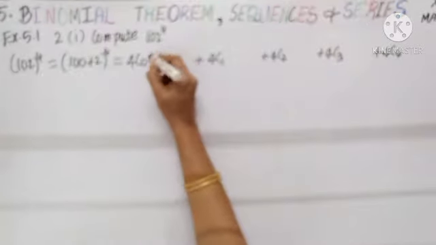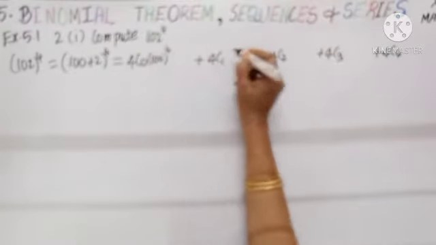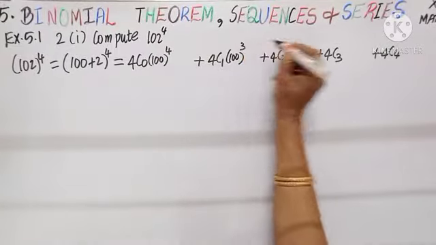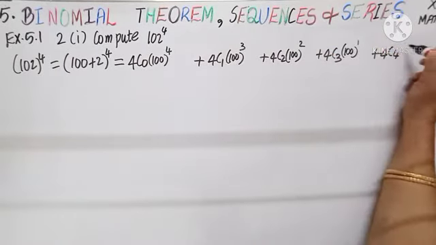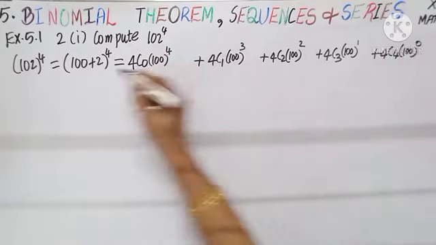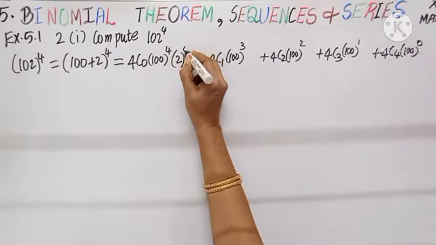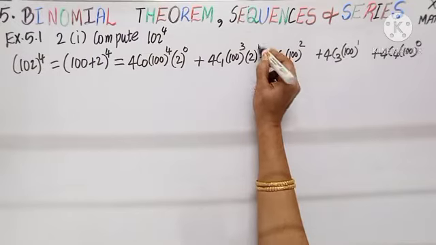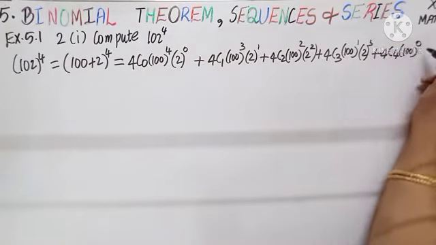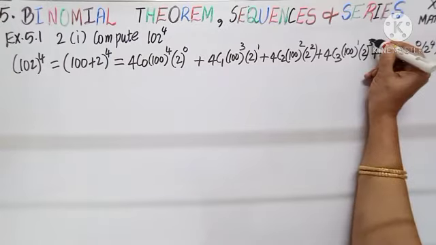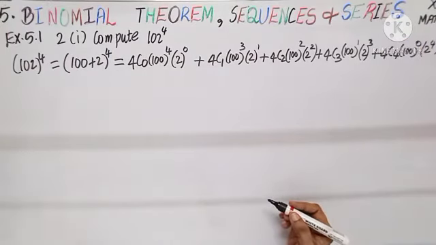And the first number 100, power 4, 100, power 3. So it keeps on reducing in the power. The second number 2, first 2 power 0 keeps on increasing. So we have 2 power 4 in the last step.